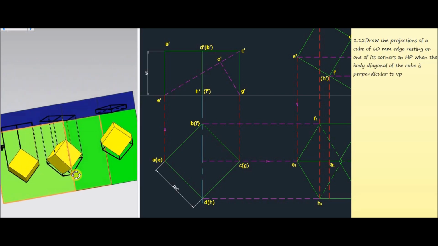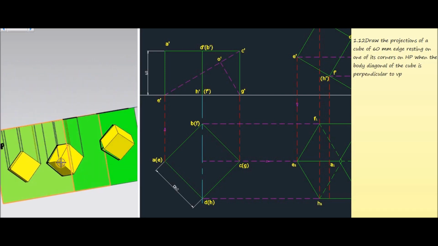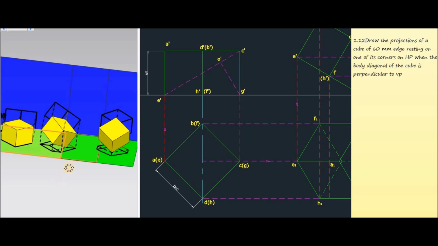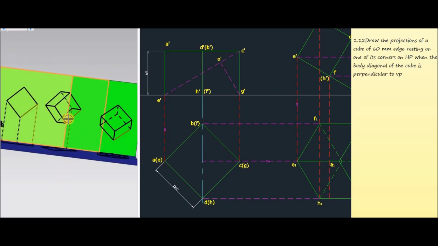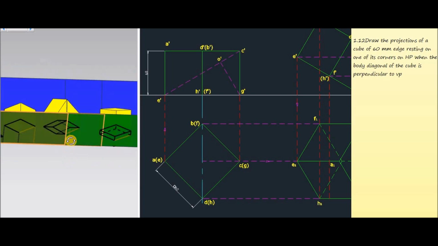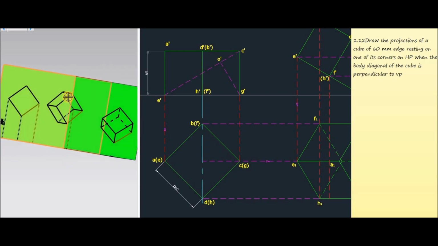And for getting the top view, again we have to project all the corners to the horizontal plane, then we will get one shape like this one. From this figure we can see that the outer edges are represented in thick lines, and these are the bottom edges. You cannot see the bottom edges when we are looking from the top side, so they are represented in dotted lines.